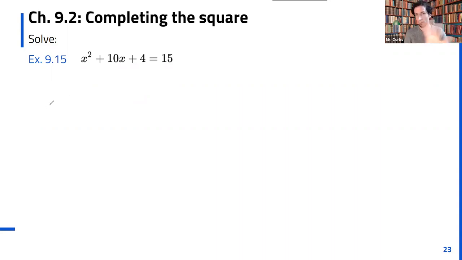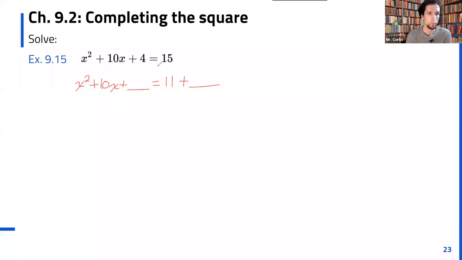I'm just going to keep it with the more straightforward solution. The numbers are going to work out the same anyways, and it really is just one tiny little extra step. So let's get rid of the 4 because we are going to want to have x squared plus 10x plus something equals 15, move over the 4, so 11, and then plus that same something. What is the something that we would put in here?